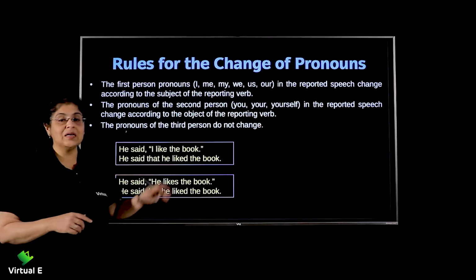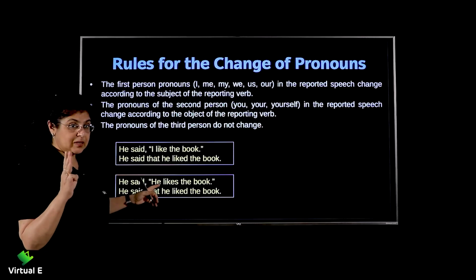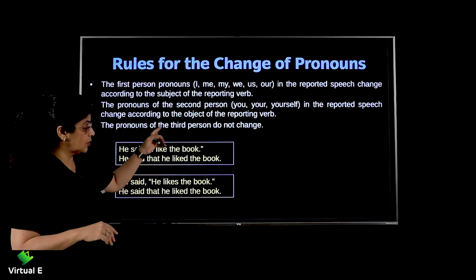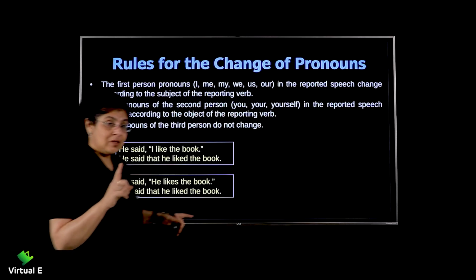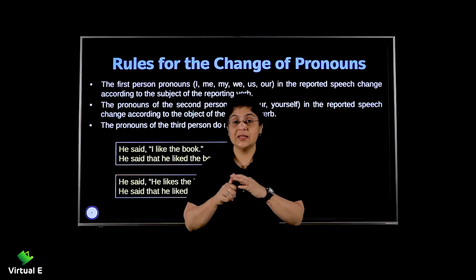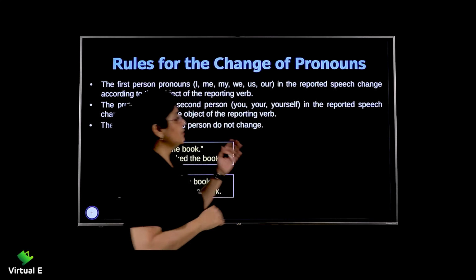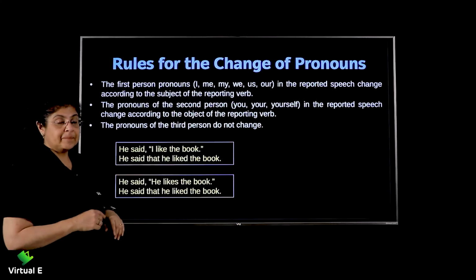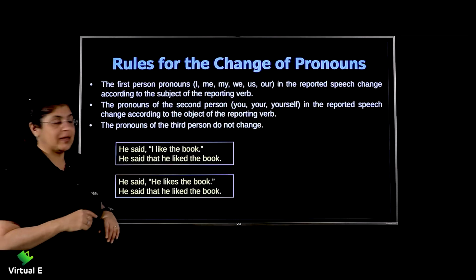This is in the first person and this is in the third person. Third person does not change. That's what we just said. He is the third person. Remember which is your third person pronoun? He, she, it, then his, her, and himself, herself, based on that. Themselves, they, them, plural as well.